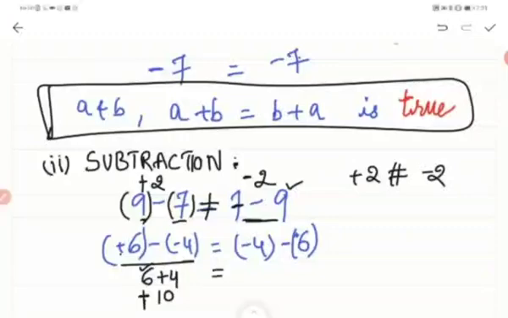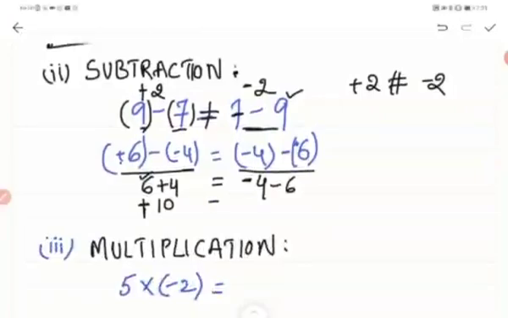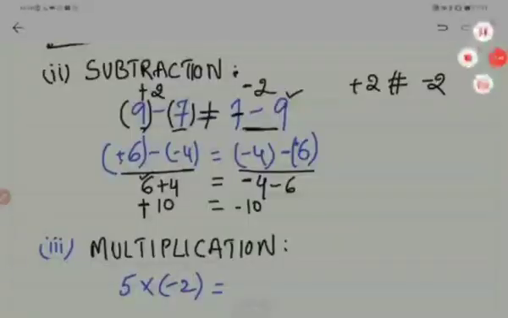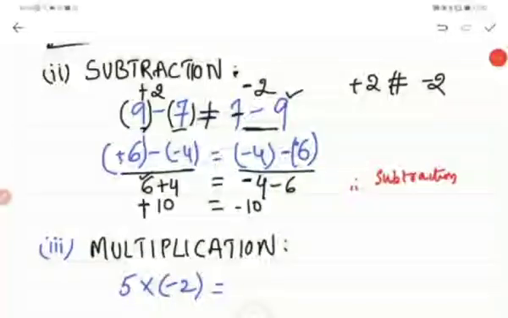Now look at the right hand side. You can write this as minus 4 minus 6, isn't it? So this will be equal to minus 10, right? So minus 10 is not equal to plus 10.